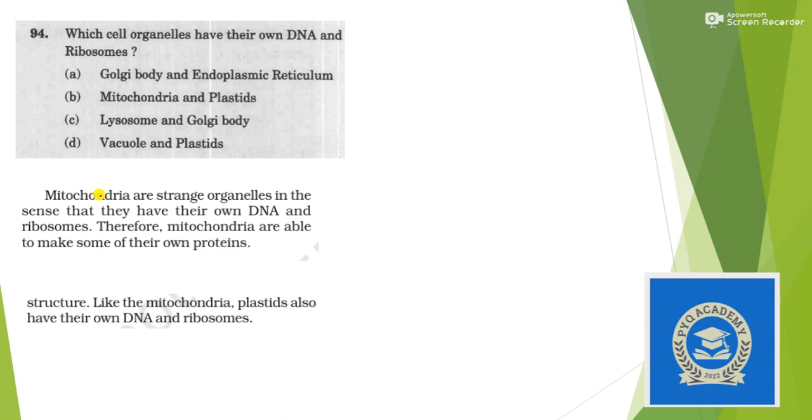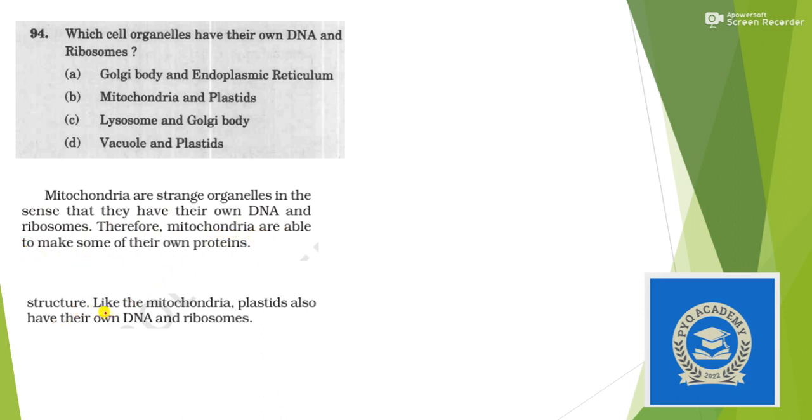Next is: which cell organelles have their own DNA and ribosomes? This is a question directly from the NCERT cell chapter of class 9, where it is written that mitochondria are strange organelles in the sense that they have their own DNA and ribosomes. Therefore, mitochondria are able to make some of their proteins.